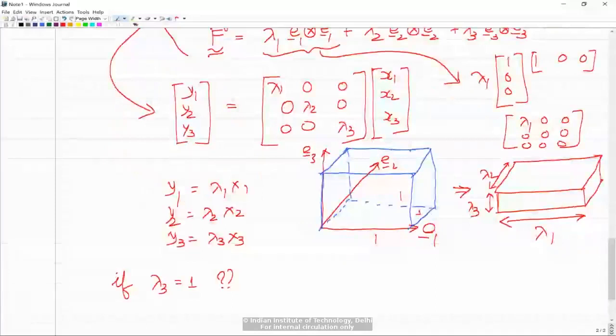That means in the third direction, there is no change in length. So it's like a planar deformation. It's a plane strain problem. So this leads to a special case of the plane strain problem.